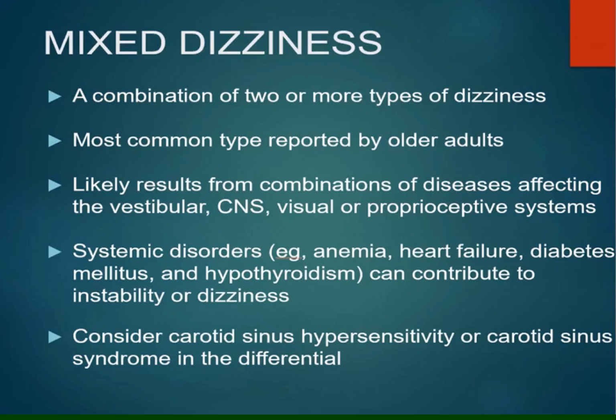This is the most common type reported by older adults. And it may be a combination of etiologies that involve some vestibular components, some central nervous system components, and visual or proprioceptive problems. They often are accompanied with systemic disorders, multiple medications. And then finally, you need to consider carotid sinus hypersensitivity syndrome as part of this differential diagnosis for this mixed dizziness condition.